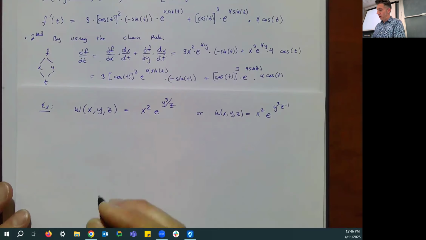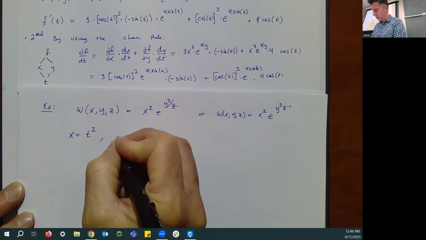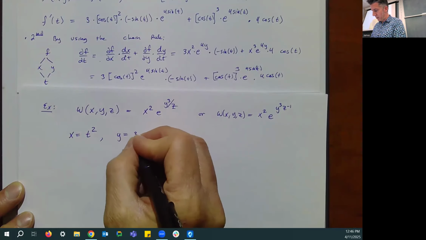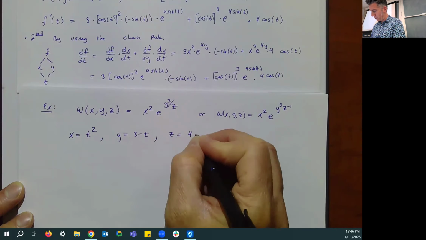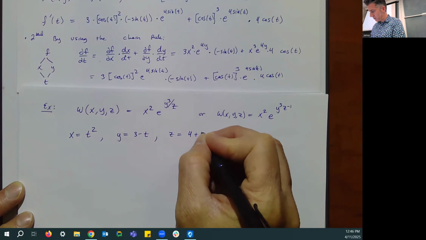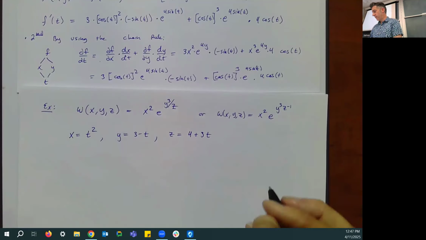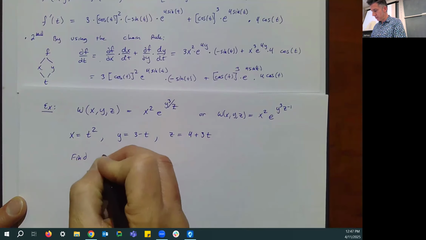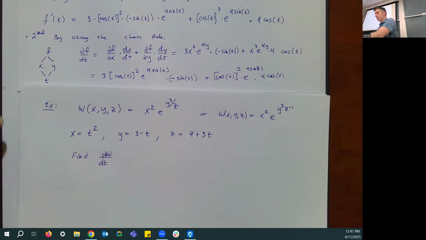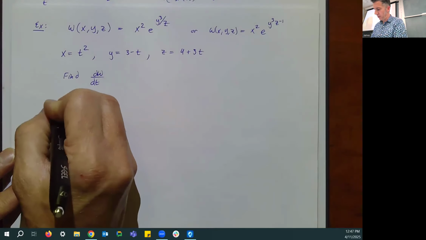So then, we're also told that x is equal to t squared, y is equal to 3 minus t, and z is equal to 4 plus 3t. And we're asked to find dw dt. So here are our pathways.